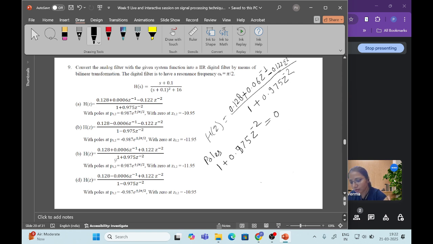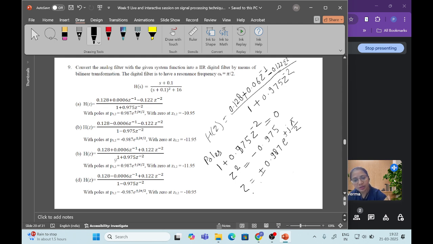Now if you further solve it, you will get z square is equal to minus 0.975. If you further solve it, you will get plus minus 0.987, and in the place of minus 1 you will get plus minus j pi by 2.